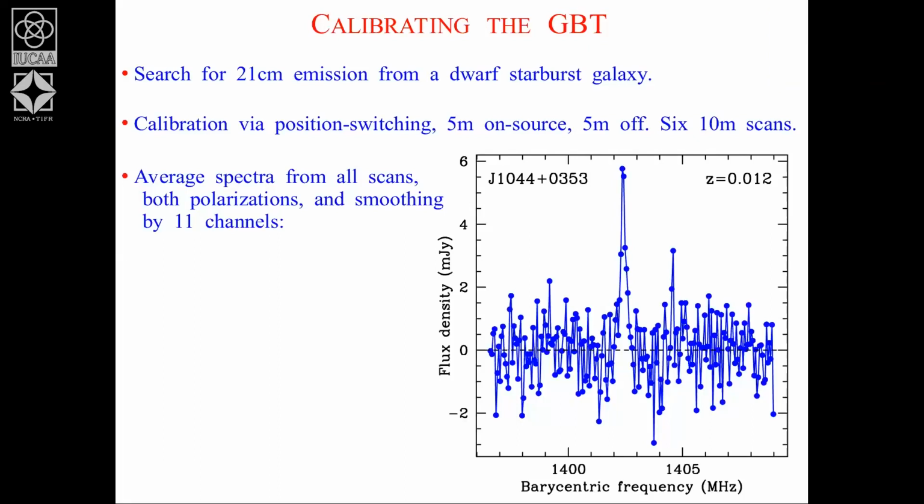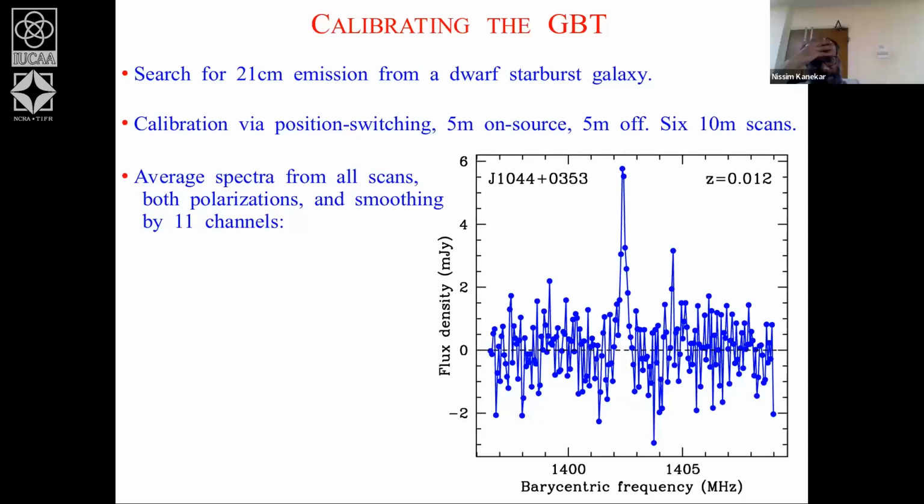And then it turns out that when we observed with a very high spectral resolution, mostly because, when you're observing at these frequencies, you really want to worry about radio frequency interference, narrowband RFI. If you observe with a high spectral resolution, then you can often localize the RFI in the spectrum, remove just that channel, and then later on smooth to the resolution that you want.